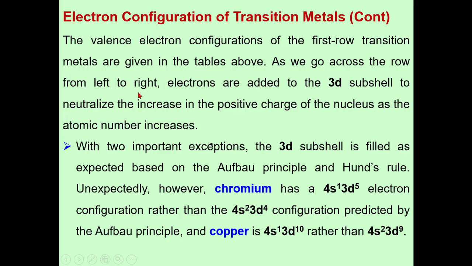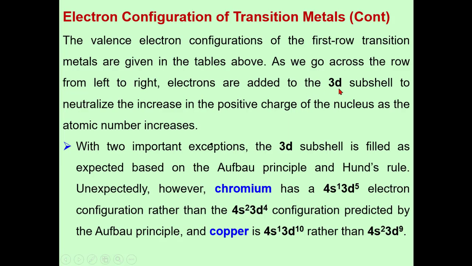So that is what I was explaining to you in the earlier example. You may see here in the description also that the valence electronic configuration of the first row transition series has anomalies, and the 3d series comes in the 4th period.